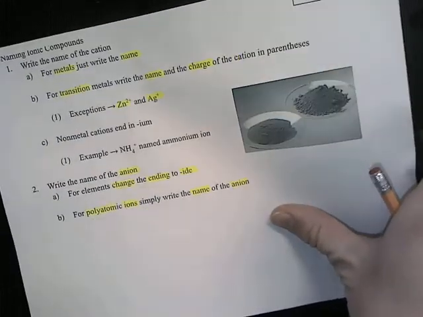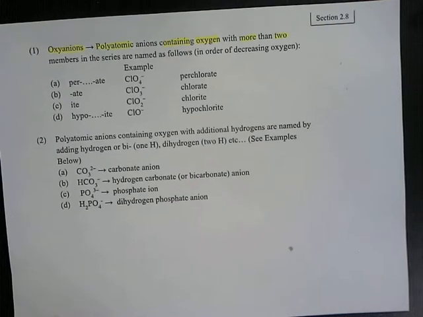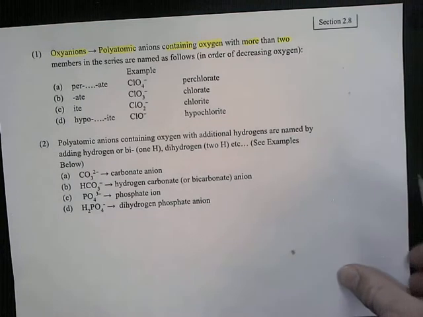I, myself, just like to memorize the names of the polyatomic ions. However, there are rules that deal with the number of oxygens in the polyatomic ion. Again, I don't like to use these rules. I like to just memorize.